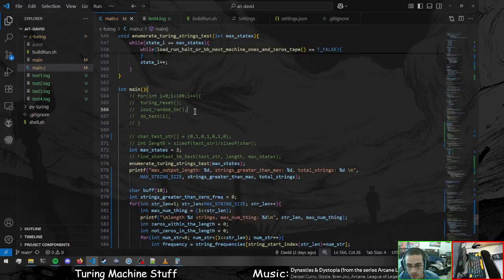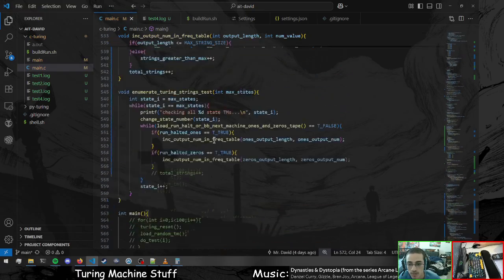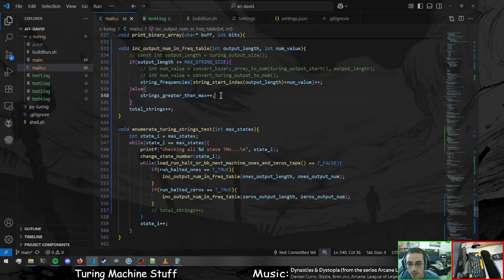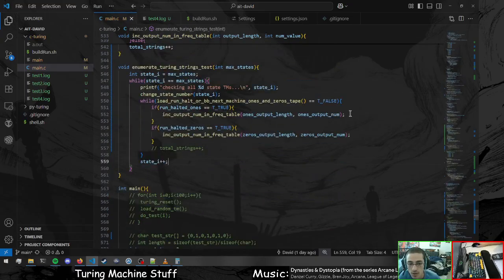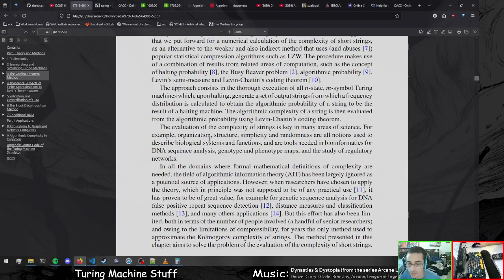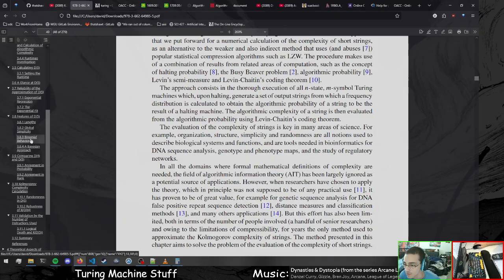Okay, so my next thing that I want to do is go forward with this, probably not today, but I'm pretty happy with what we have right now. You know what? Let's actually try something. Let's look at the coding theorem.